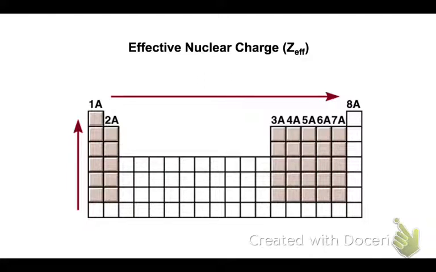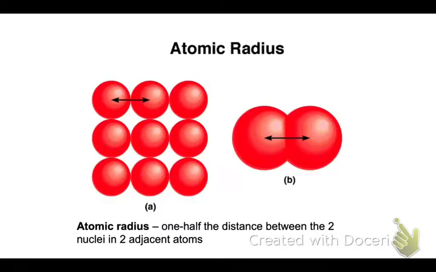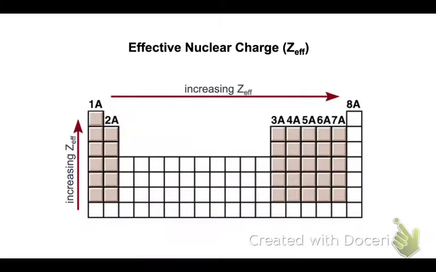So the effective nuclear charge does have a trend on the periodic table. It does increase going up a group, and it does increase traveling from left to right on the periodic table. So let's look at that and try to understand why that is the case.